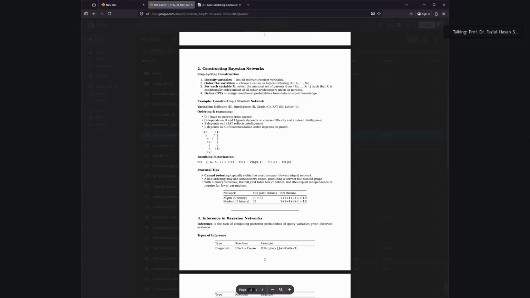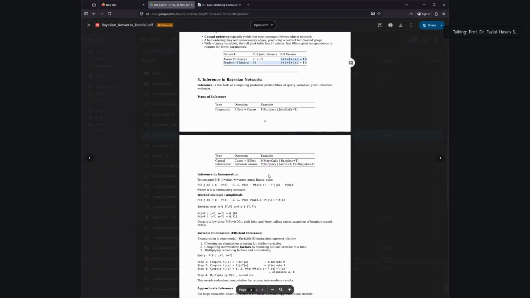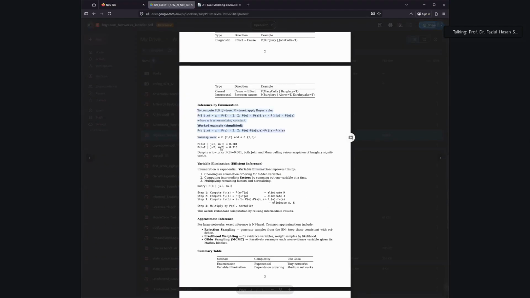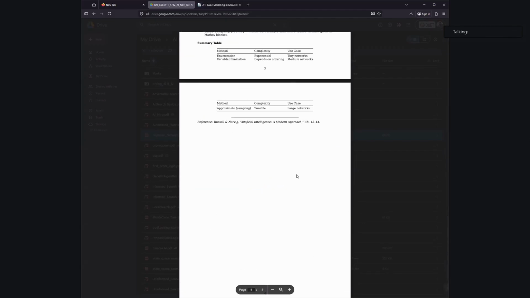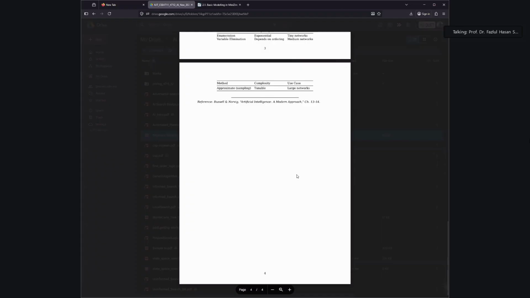Just go through this example. Just remember, this is very important. Go through these examples. So step 1, step 2, step 3, and step 4. I think all done.